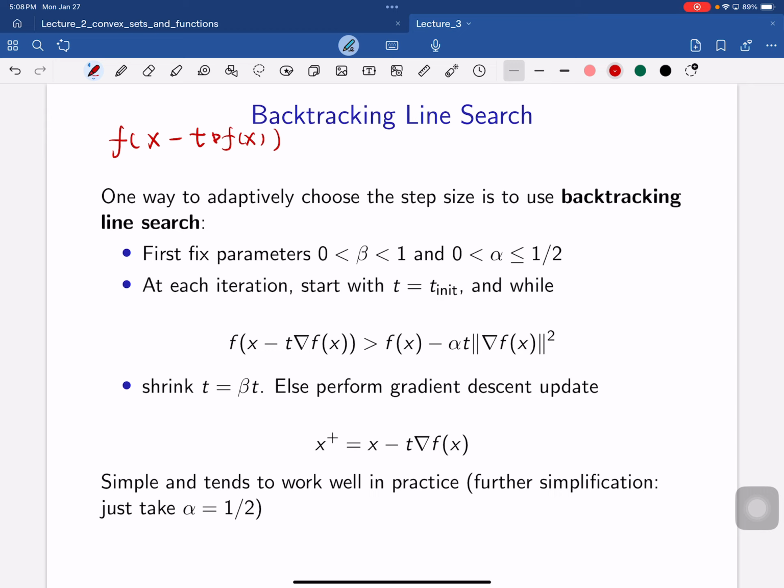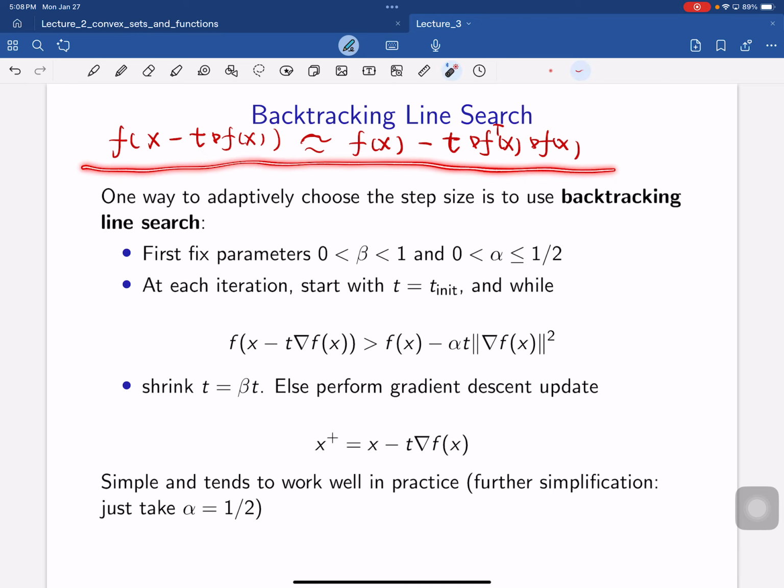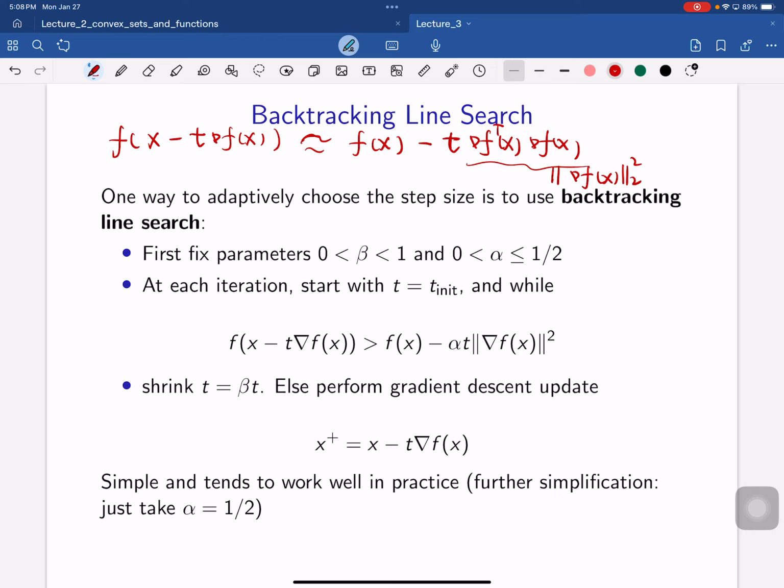If you do the first order Taylor series expansion of this term, it is nothing but f of x minus t times the gradient transpose the gradient, because you are taking the negative gradient direction. This is nothing but the first order Taylor series approximation. So you can represent this as the two norm of the gradient.